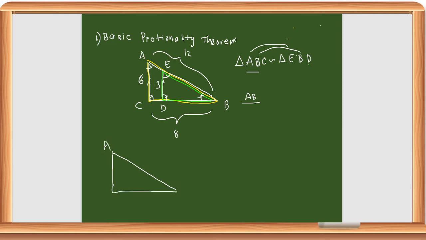So, we have here ABC. Then, the smaller triangle, we have E, B, D. Okay, EBD. Now, the corresponding side of AB is of course EB. Okay, what are the other corresponding sides? What is the corresponding side of BC?